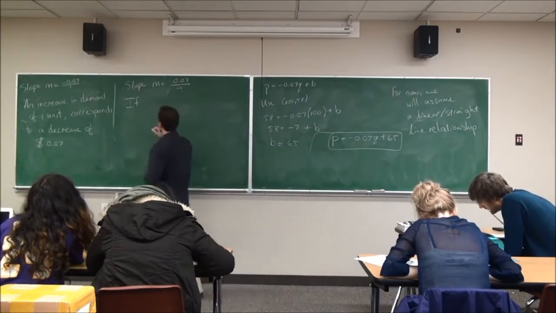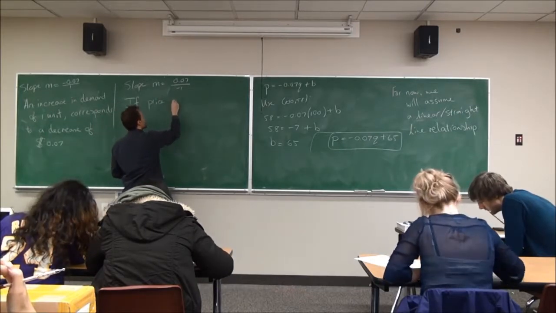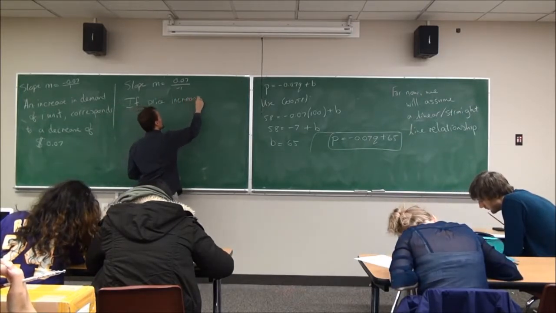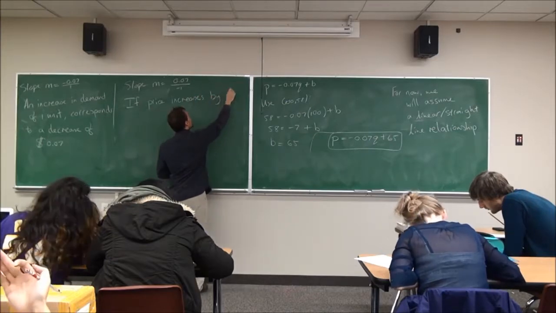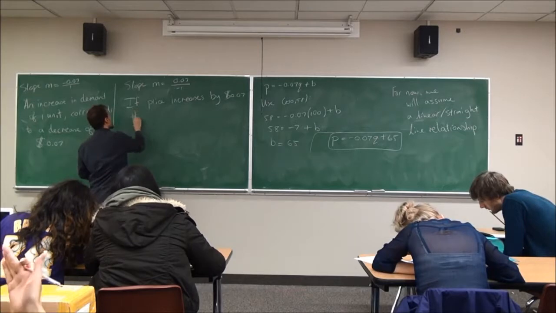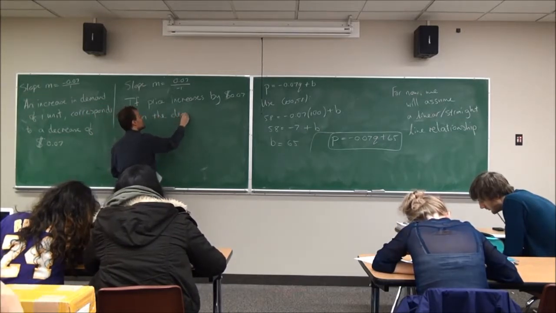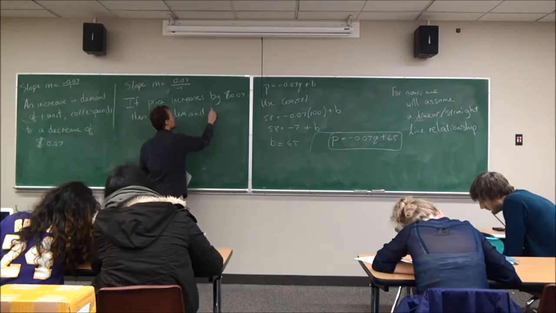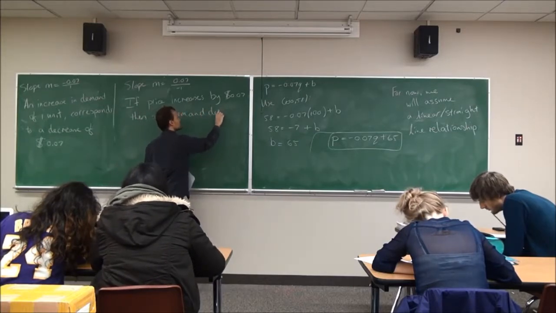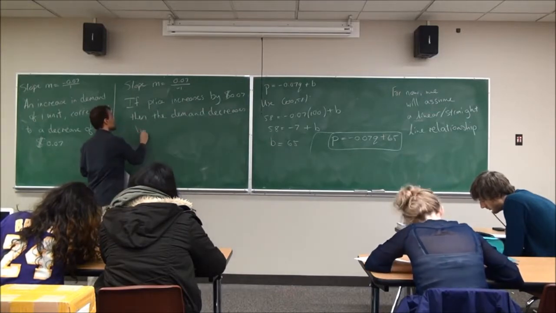Price. So then if the price per unit increases by 7 cents, then the demand decreases. So C decreases by how much? By 1 unit.